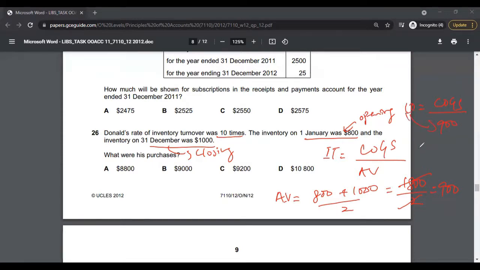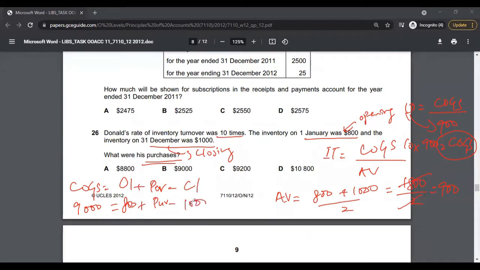So 10 times 900 would give you the cost of goods sold. Once you have calculated the cost of goods sold, you will easily be able to calculate the purchases because the formula for COGS is opening inventory plus purchases minus the closing inventory. You have cost of goods sold as 9,000, opening inventory as 800, and closing inventory of $1,000.